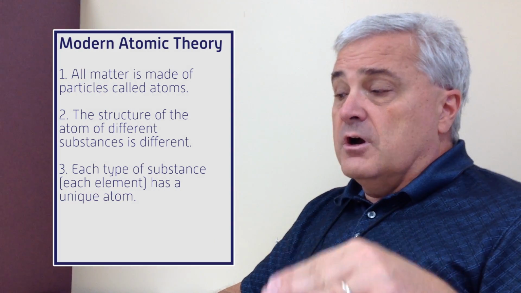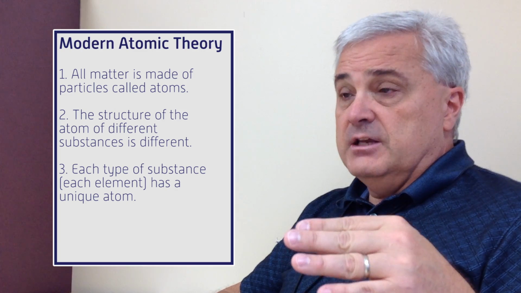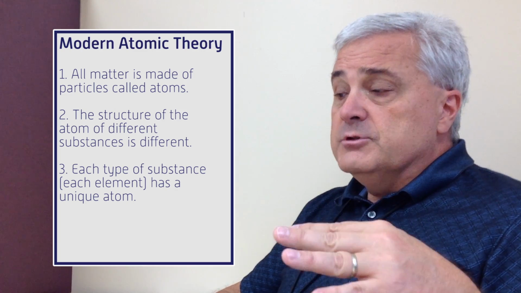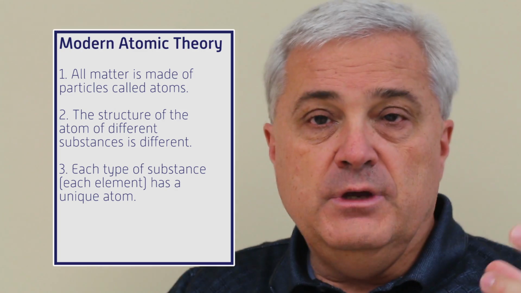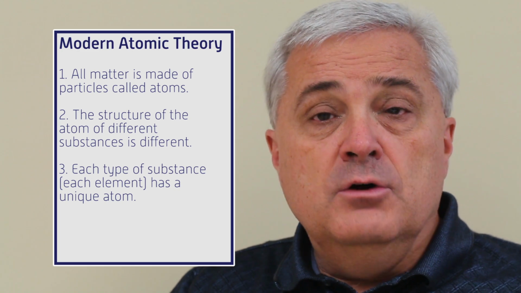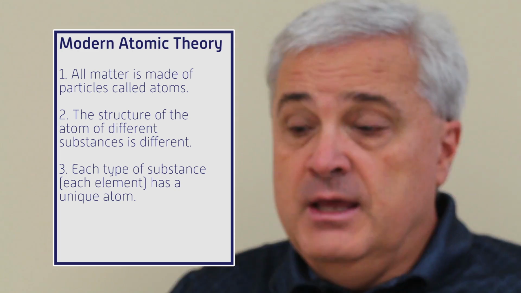One, all elements are composed of atoms, just like Democritus said. So each element has its own specific type of atom, and that was very much like what Democritus said.